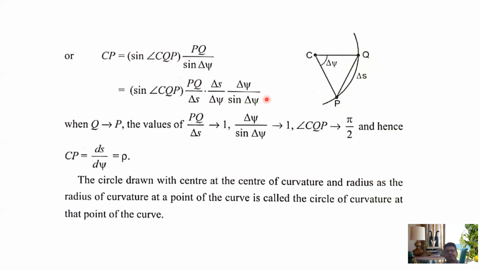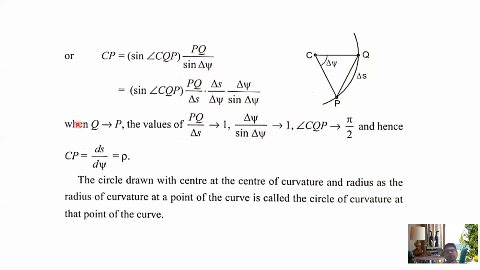So this del S cancels, del psi cancels, and then automatically we can generate PQ by sine del psi.